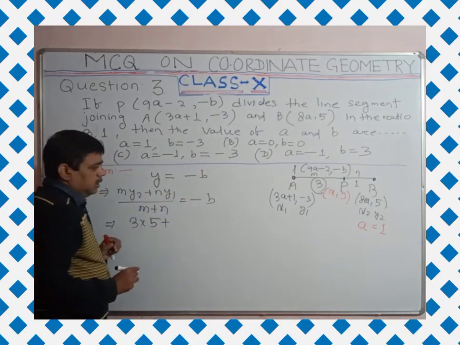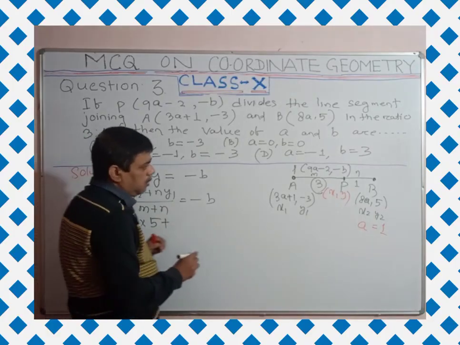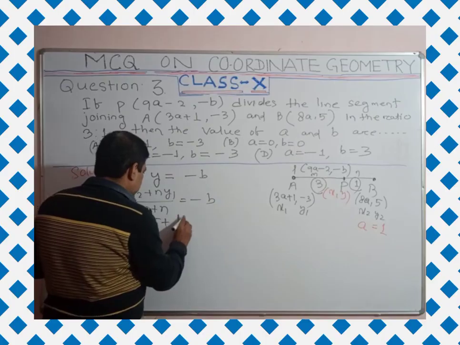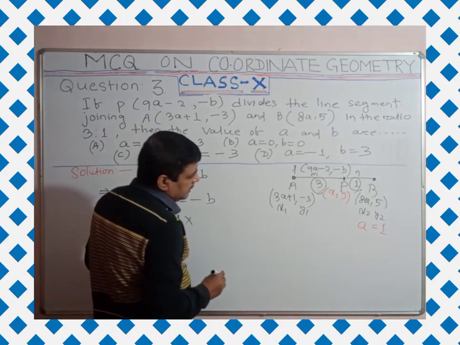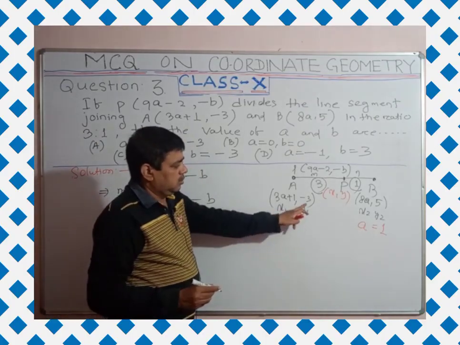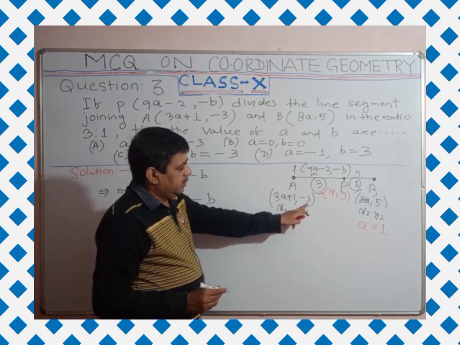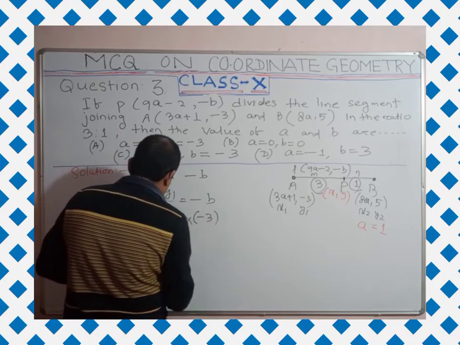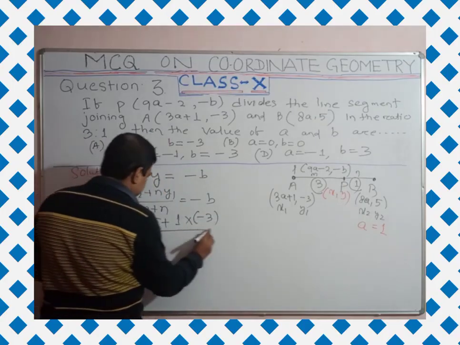Okay. Again, what is the value of n? The value of n is 1. Okay. So 1 into y1. What is the value of y1 here? It's minus 3. Yes or no? So minus 3, because of the negative number, in the bracket. Okay.